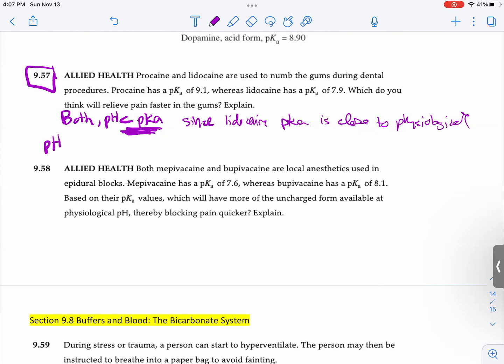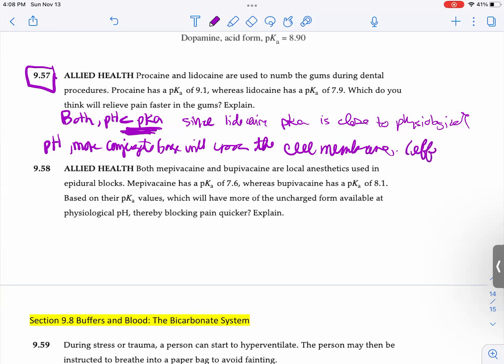As you know, physiological pH, more conjugate base will cross the cell membrane. All right, and that's what we want the drug to do. So that's an effective drug. All right, so it would be lidocaine.